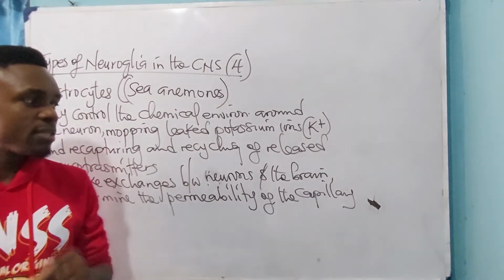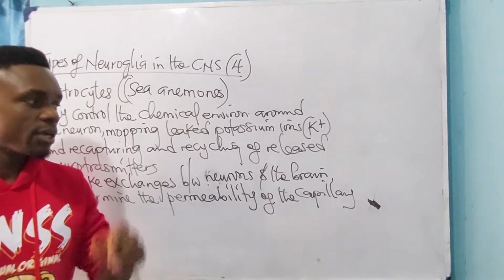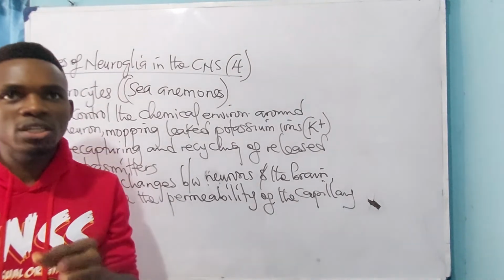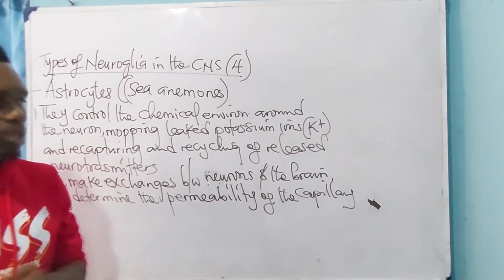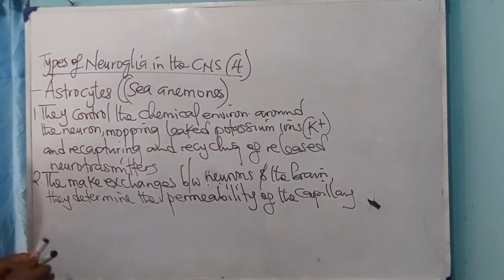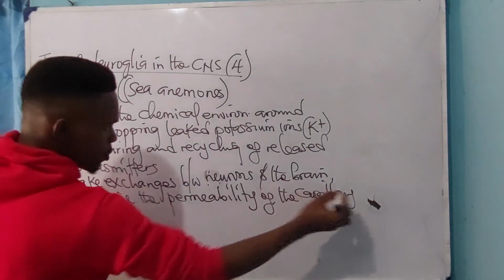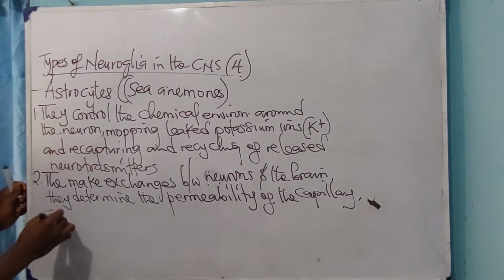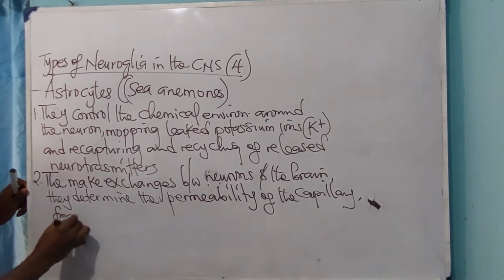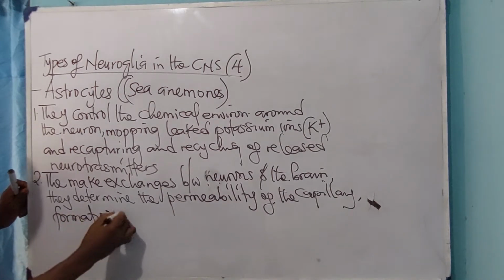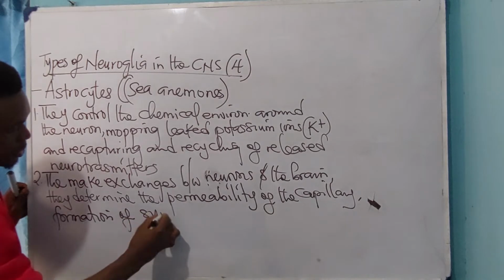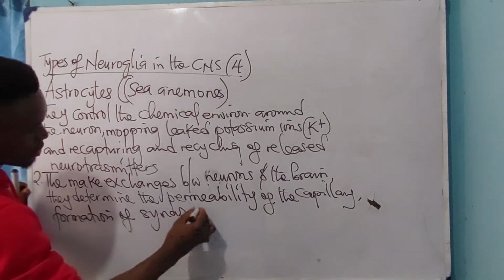They have the ability to carry both oxygenated and deoxygenated what? Blood. So please take note of that. They also help in the formation of synapse. Please take note of that.